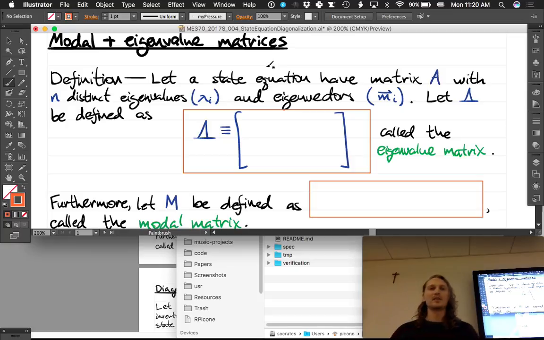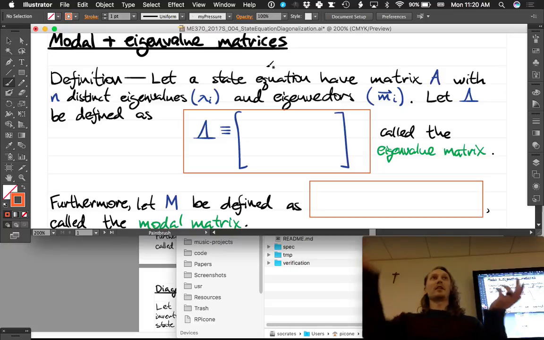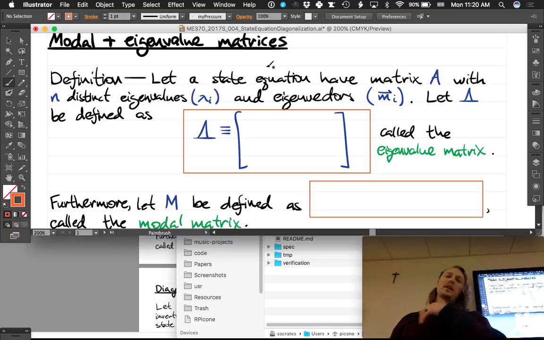Okay, so definition. Let a state equation have matrix A with n distinct eigenvalues lambda i and eigenvectors m i. Okay, so each eigenvalue lambda i corresponds to an eigenvector m i. We learned how to find those last time.